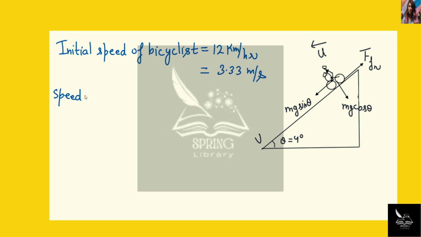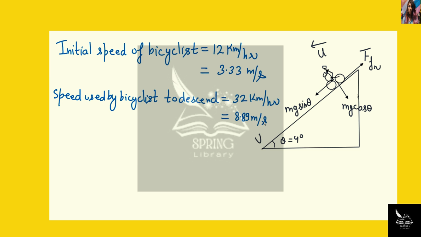speed used by bicyclist to descend equals to 32 km per hour, which can be written as 8.89 meter per second.